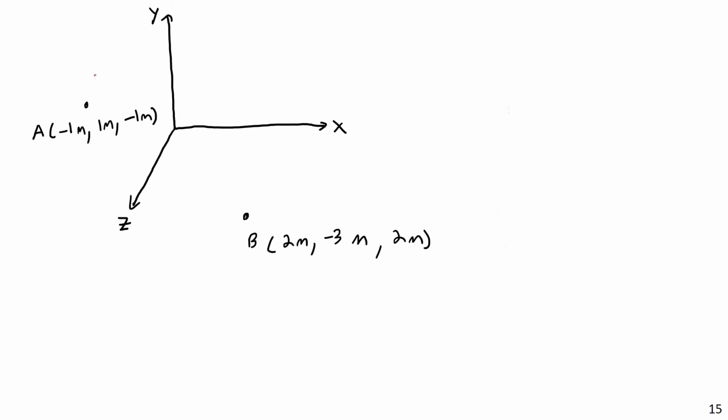Originally, I have a force, and I'm just going to give us the force vector. I think at this point you're good with working through force vectors. Force vector F, let's say this is 3 newtons in the x, 2 newtons in the y, and negative 2 newtons in the z.